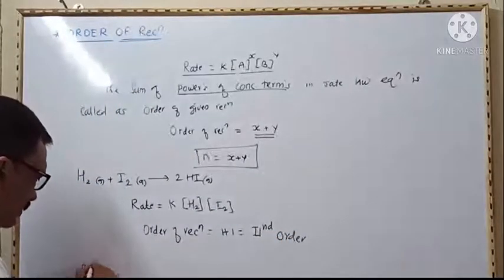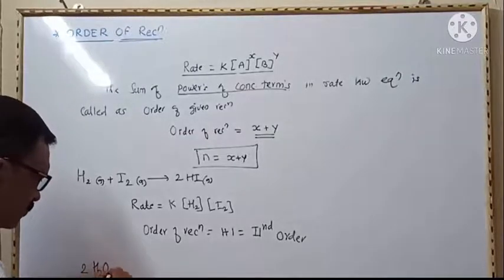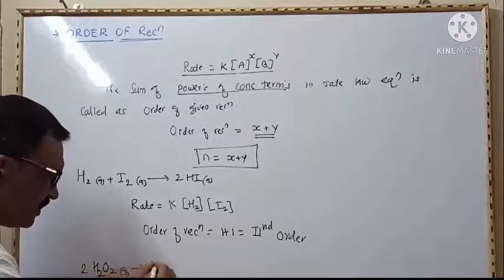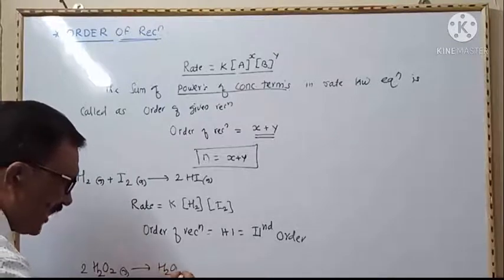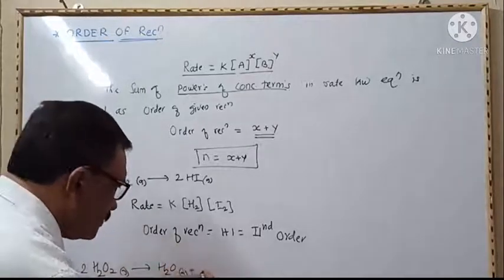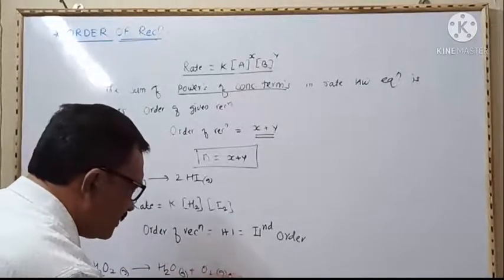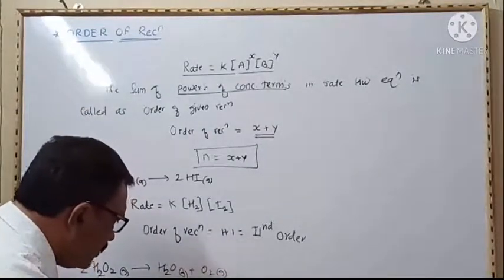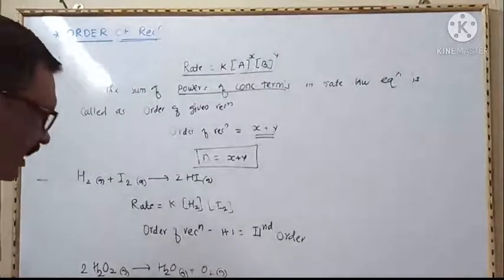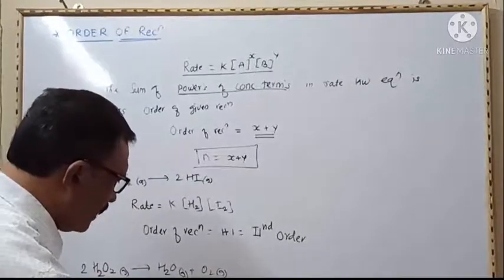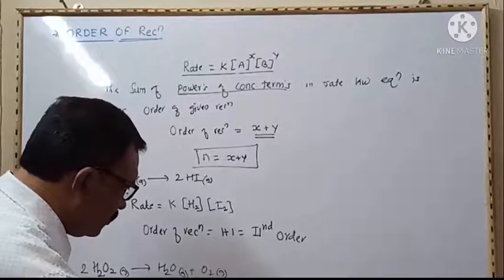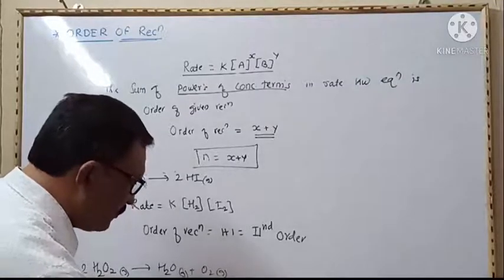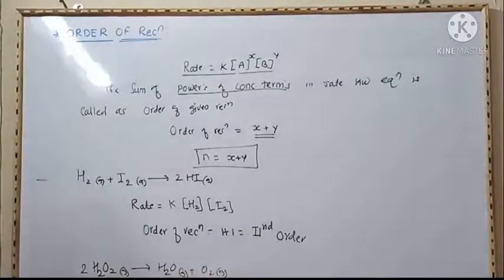Another example, twice H2O2 gives H2O plus O2. According to the rate law, the rate is equal to the rate constant into the concentration of H2O2 raised to 1.